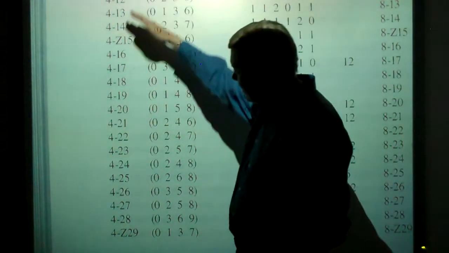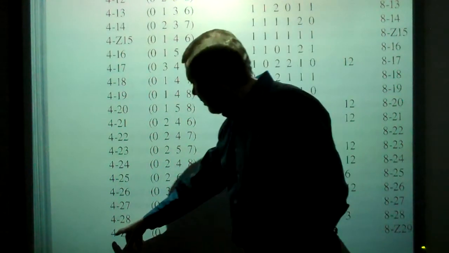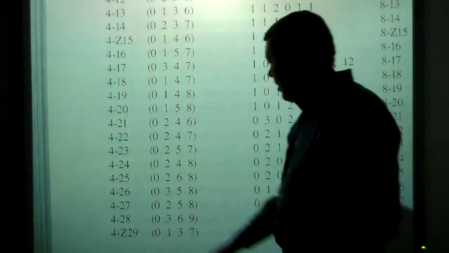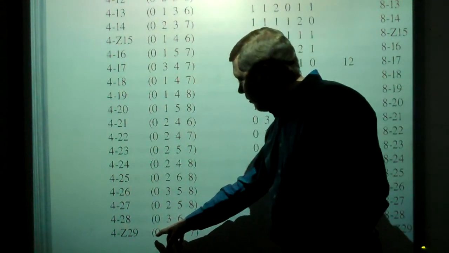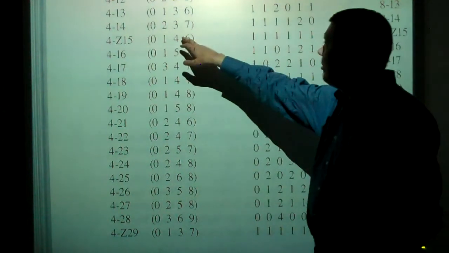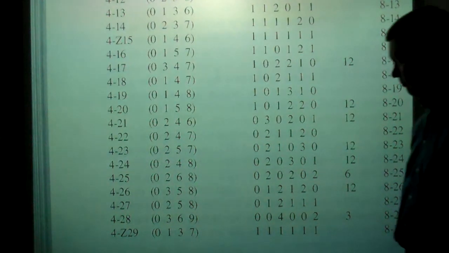Well, just go down the list in the Fort name category and find another one with a Z in it. We have to go to the very bottom here, 4z29. The prime form is 0137, but its interval vector is also identical to this one, which is 1, 1, 1, 1, 1, 1.